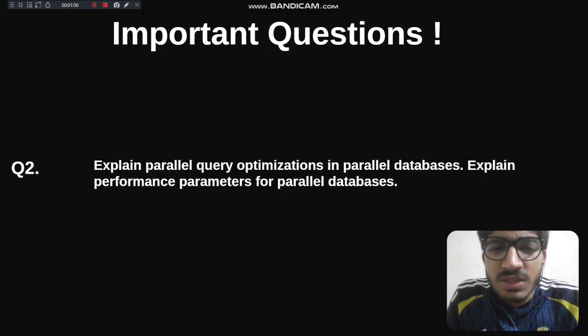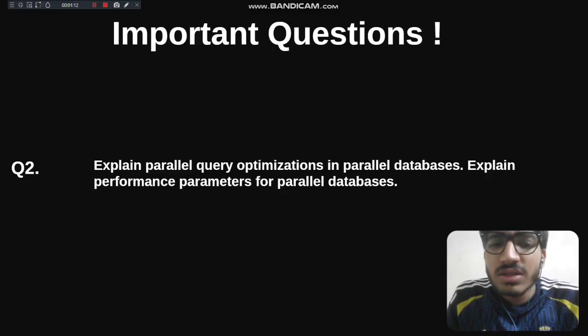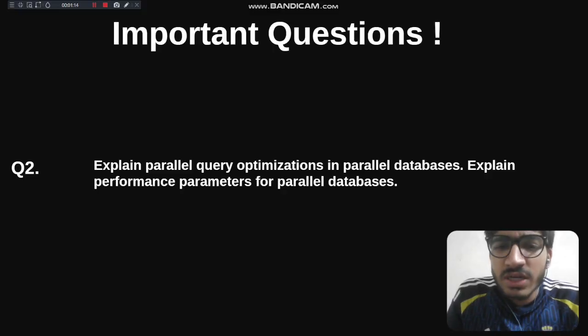Now, key steps in parallel query optimization. First, query decomposition. The given SQL query is analyzed and broken into relational operations like select, project, join, group by, etc. These logical operations are converted into an internal representation for optimization.